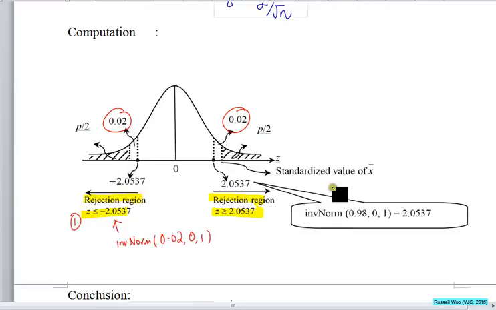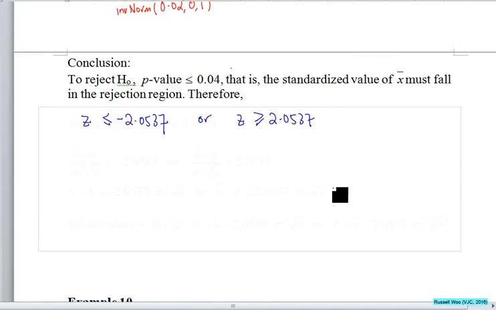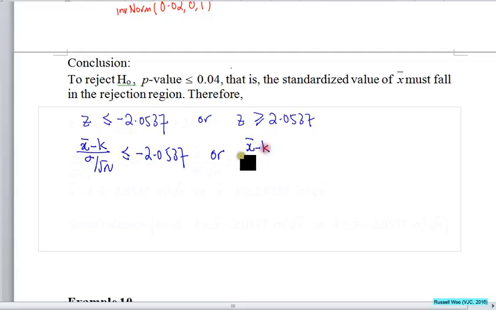So this must be small X bar minus K over sigma over root n smaller or equal to negative 2.0537, or X bar minus K over sigma over root n greater or equal to 2.0537.